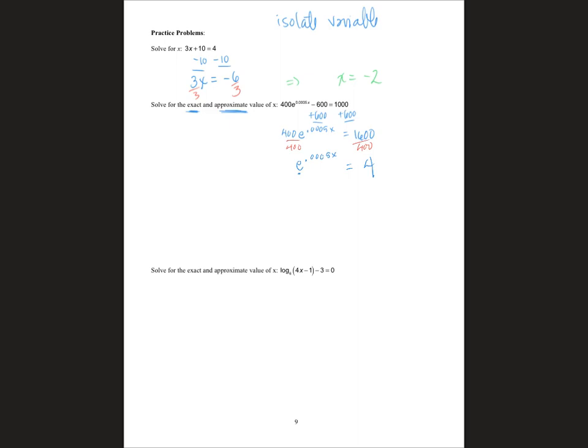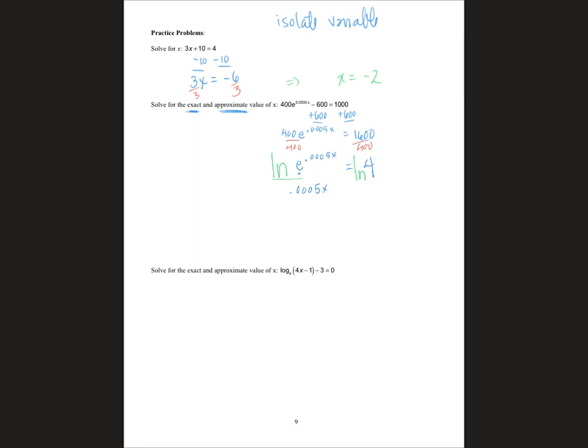Well, if I take the natural log of each side, so I'm going to ln each side. If I take the natural log of the left-hand side, I have the natural log, base e, of e to this power. This is going to simplify to just 0.0005x using your properties of logarithms.